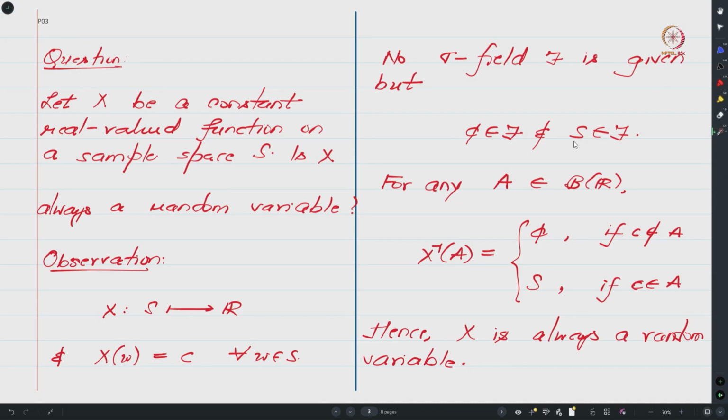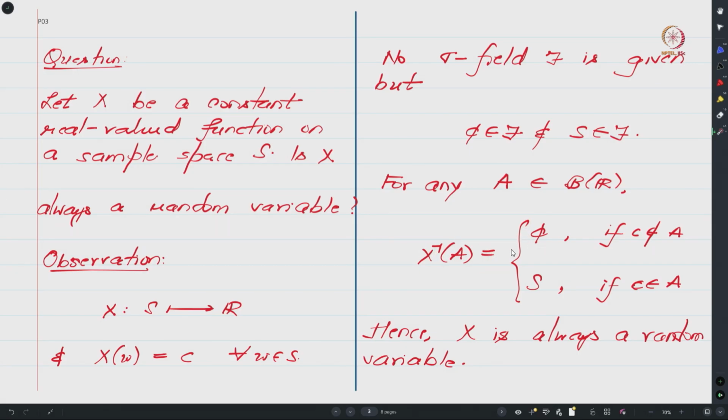Now let us consider any A in B of R, right. So if I look at the pre-image of this set capital A, I hope you agree that if this little c is not part of A, then X inverse of A will be empty, because there is no element in S which under the function X is mapped to A, and hence X inverse A will be the empty set.